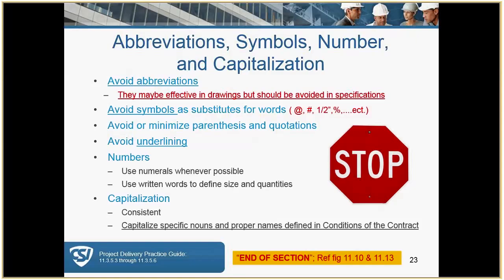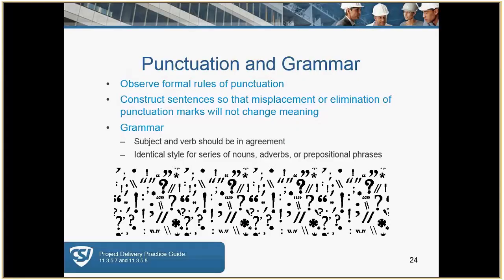Punctuation, grammar. Observe formal rules of punctuation. Construct sentences so that displacement or elimination of punctuation marks will not change the meaning. And use proper grammar. Sometimes that may be a painful thing to do, but it is important because words have meaning.